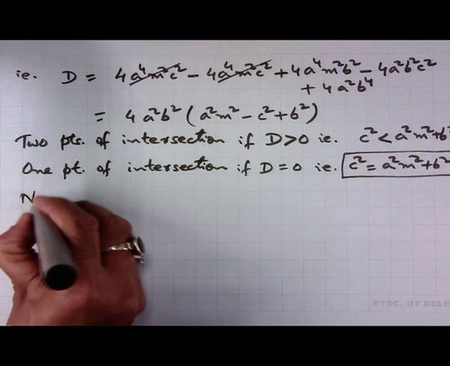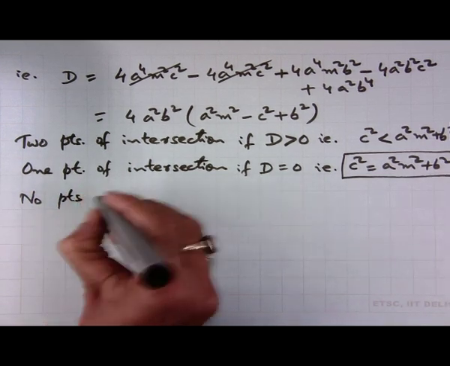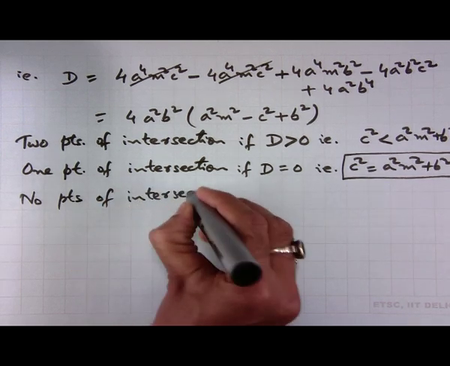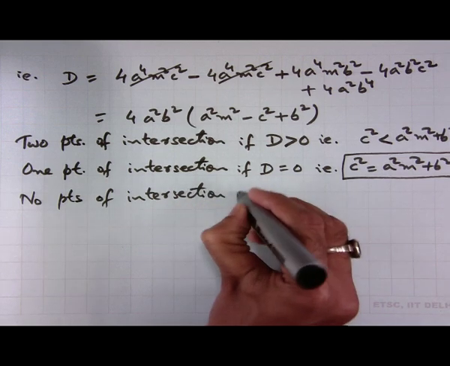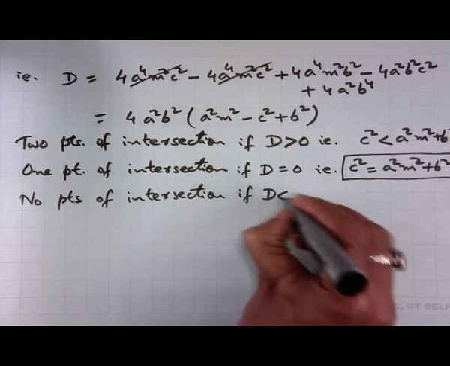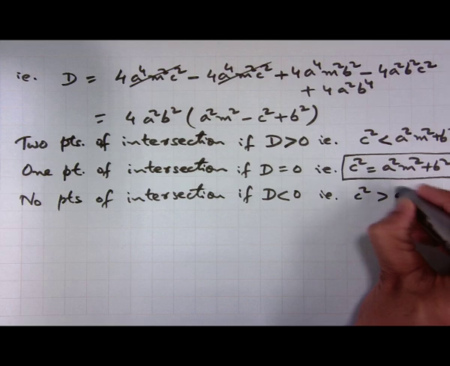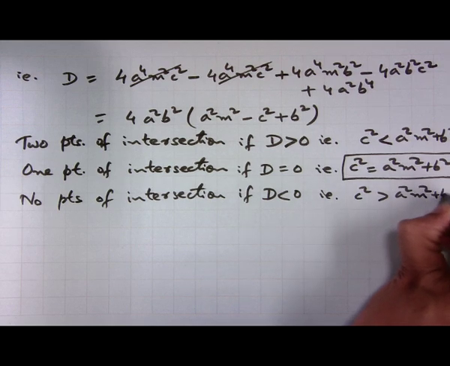And there are no points of intersection if D is less than 0, that is if c square is greater than a square m square plus b square.